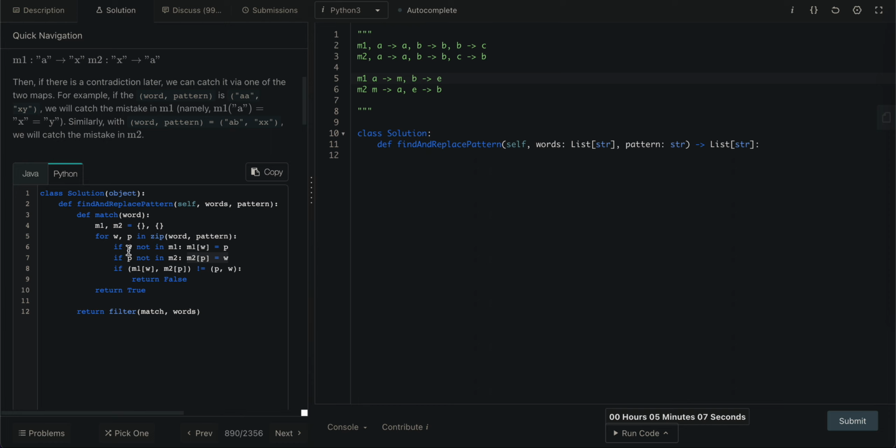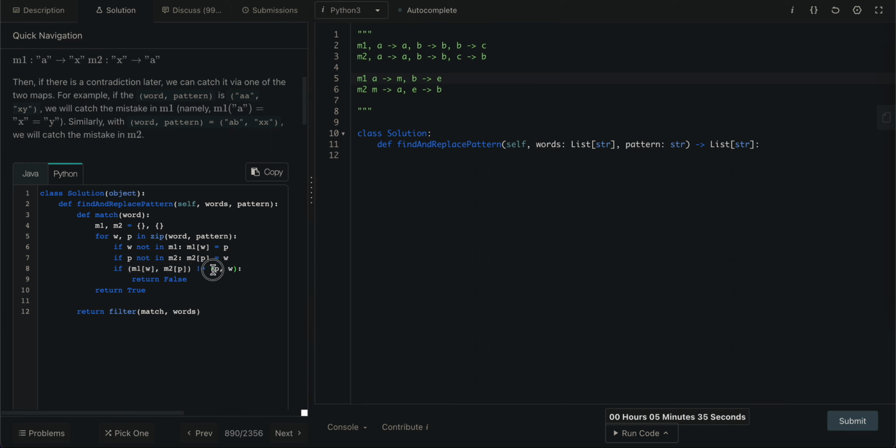Then we make a tuple of the two characters we get.